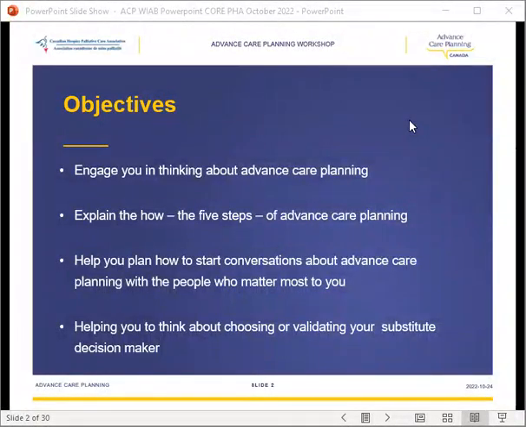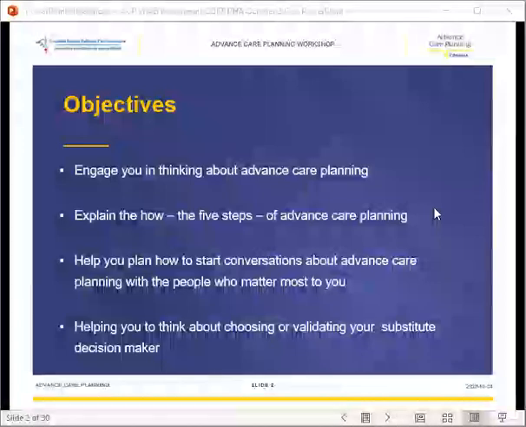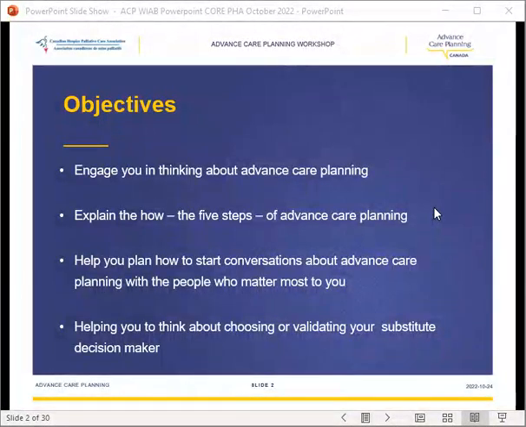And we'll get into the particulars a little bit later, because there are some variabilities depending on where you are in Canada and what province you live in, because a lot of the advanced care planning process is really determined by provincial legislation in relationship to decision making and who would have the authority and responsibility to speak for you if you were not mentally capable to speak for yourself.